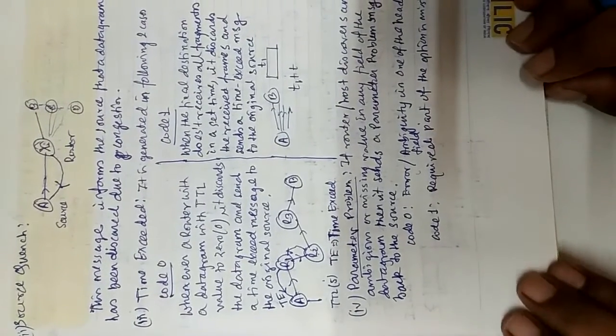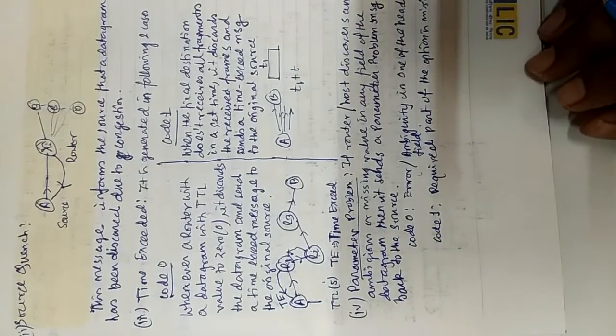So these are the two codes. This is the fourth point, the parameter problem.